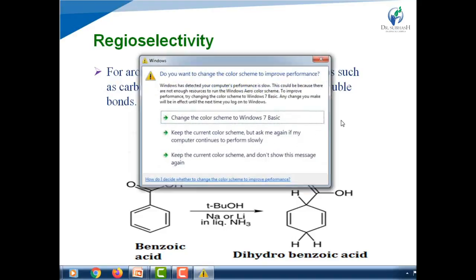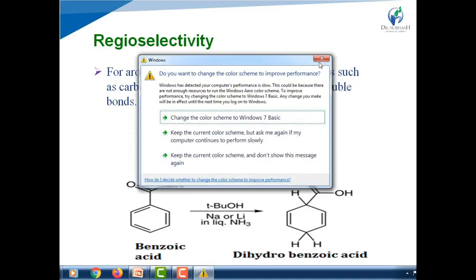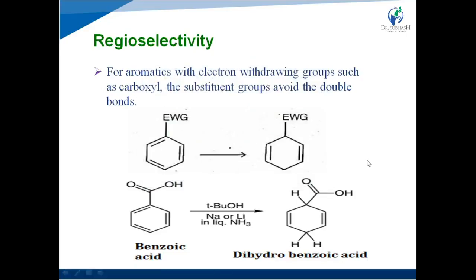It is no more part of the double bond, right? So in this type of molecule, in which an electron withdrawing group is present on the aromatic ring, reduction of this type of carbon will occur during Birch reduction, right?